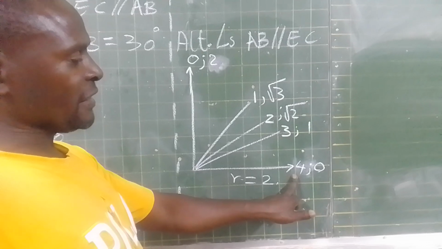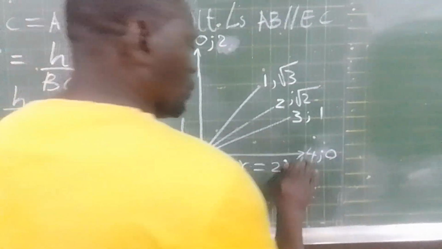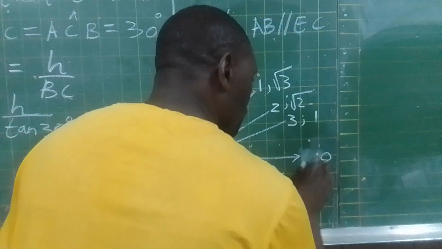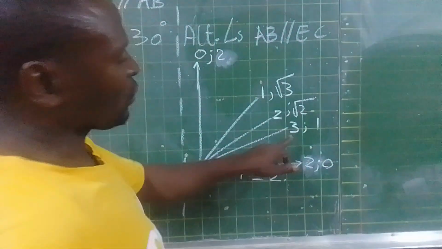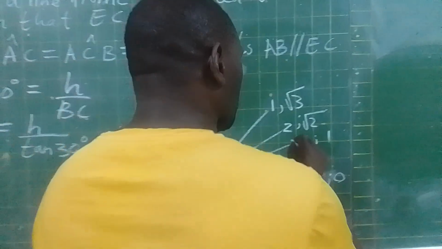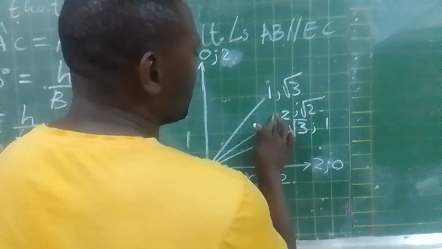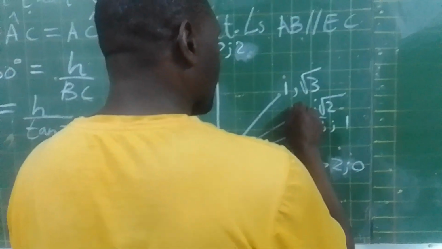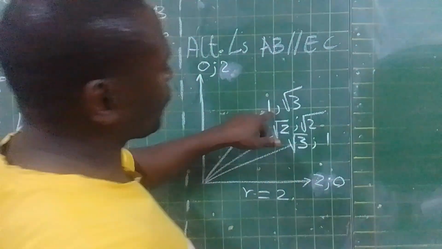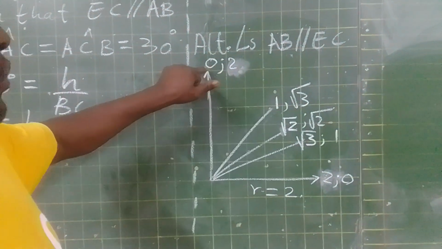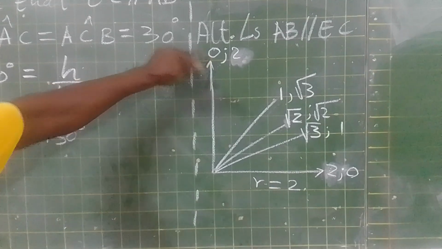You come to the axis. The square root of 4 is 2, so you remove this 4 and put a 2. The square root of 3 remains square root of 3. The square root of 2 remains square root of 2. The square root of 1 is 1. The square root of 0 is 0.